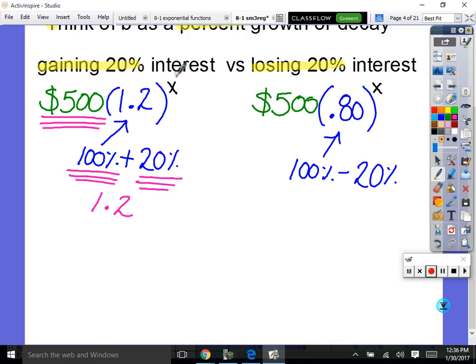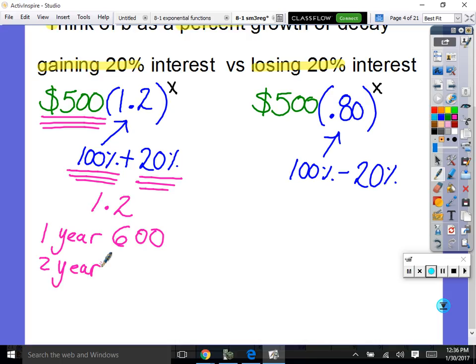So then if I plugged in 1 year, you could calculate how much you're going to get after 1 year. Let's all type that in. 500, do it. 500 times 1.2 raised to the first power. So how much money after 1 year? $600. Perfect. Let's plug in 2 years, just for fun.